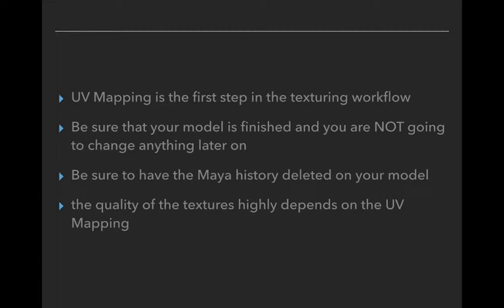Of course you can easily go back and change the ears, no problem with that, but you would have to redo all of the UV unwrapping and all of the texturing to have the correct ears that you wanted.